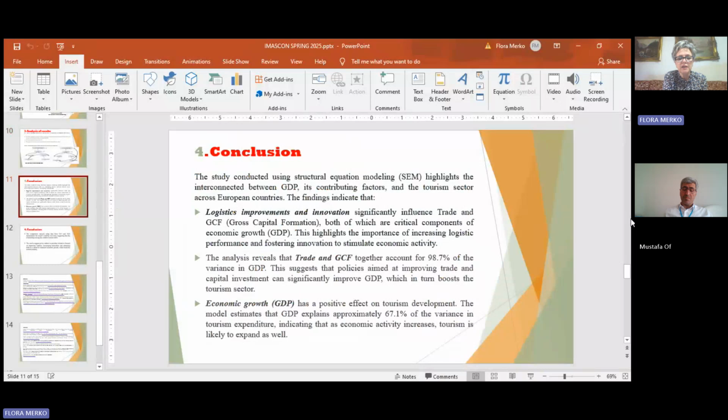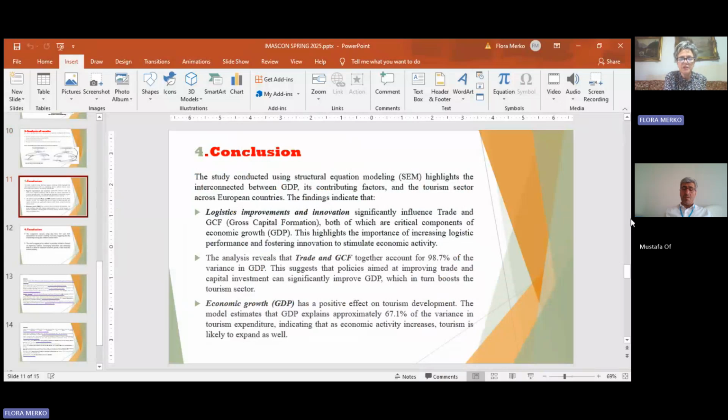Secondly, the analysis reveals that trade and GCF together account for 98.7% of the variance in GDP. This suggests that policies aimed at improving trade and capital investment can significantly improve GDP, which in turn boosts the tourism sector. Economic growth, GDP, has a positive effect on tourism development.